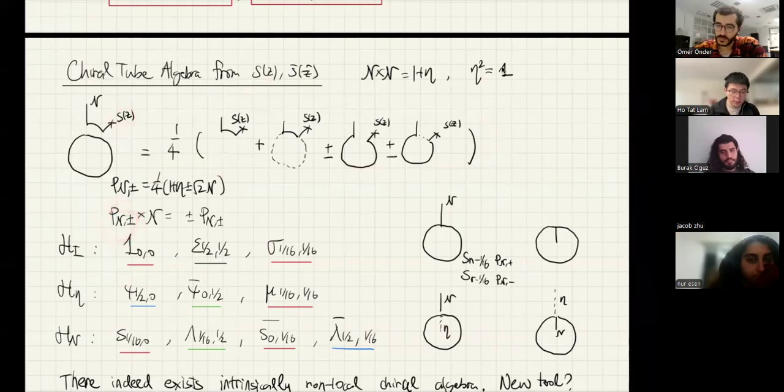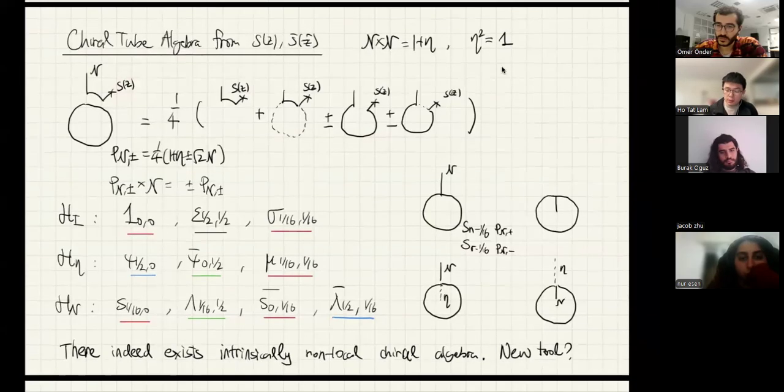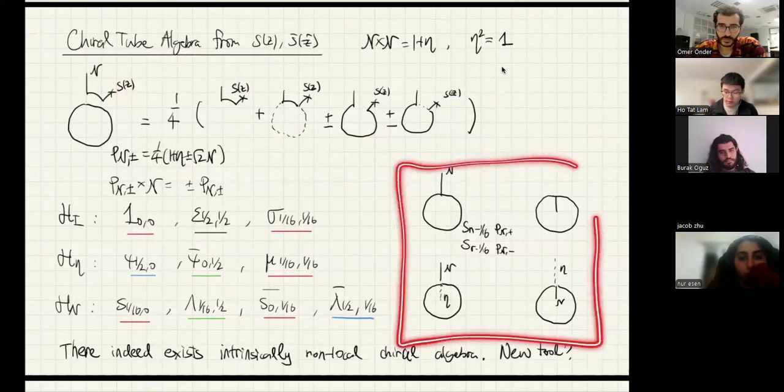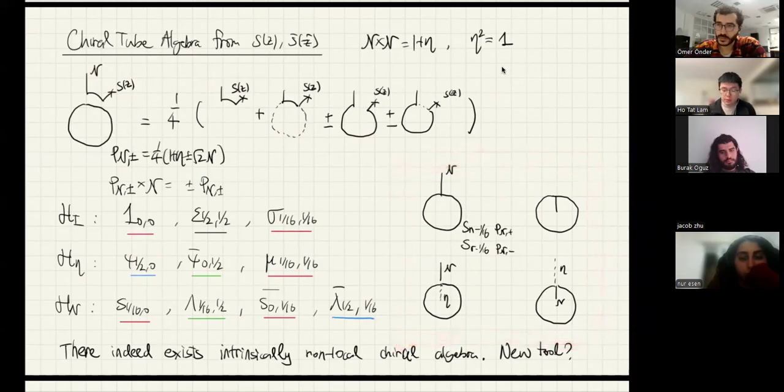If the projector has a positive sign, then it's periodic. If it has a minus sign, it's anti-periodic. So as a result, you can build these Lasso operators, and the mode expansion depends on which projectors you're using.